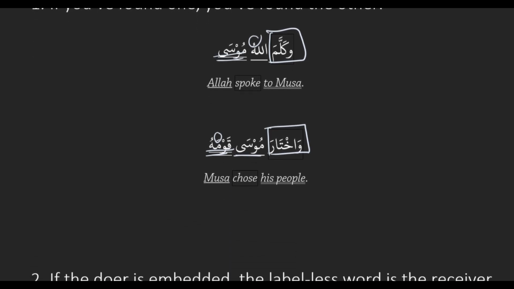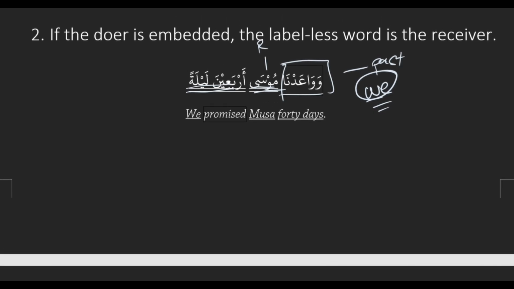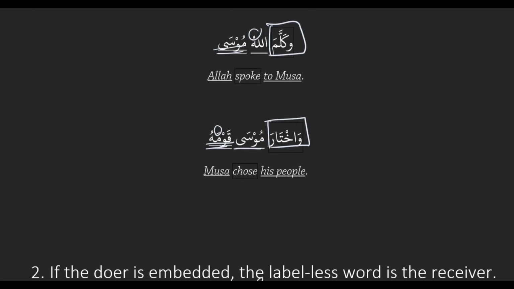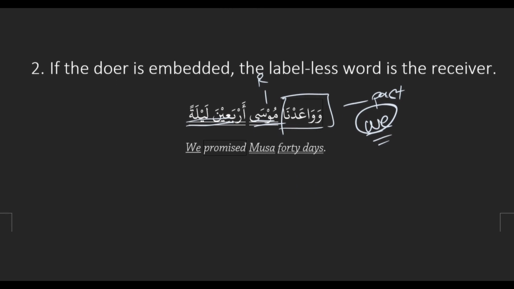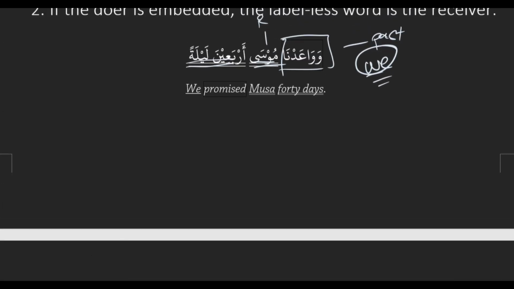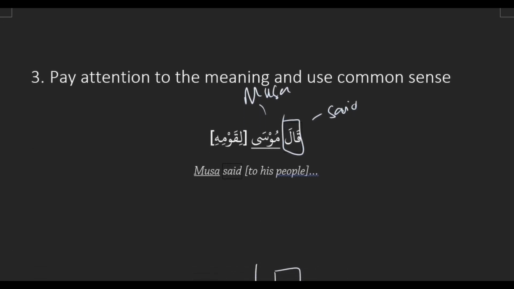If you see a word in the sentence that has a doer label, then the labelless word will be the receiver. If we found a word that has a receiver label, then the labelless word will be the doer. Also, if the doer is embedded, we can't have an outside doer, meaning the labelless word is the receiver. And then our last rule, the golden rule: use your common sense.